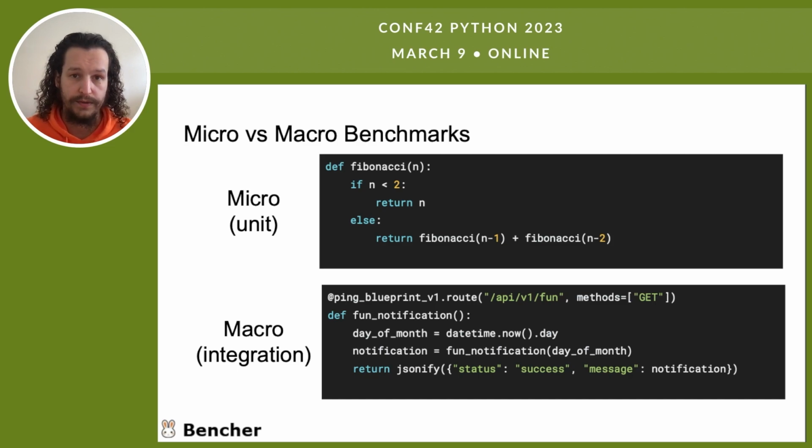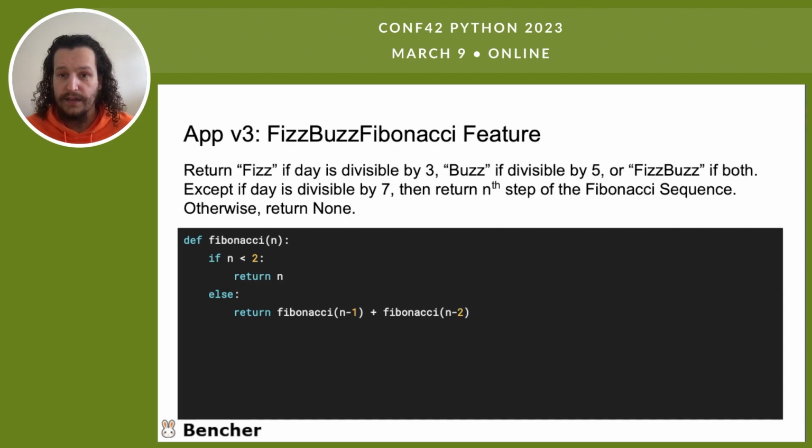But it is a bit more noisy because of that, and you're also going to have larger values. Just a thing to know. They work pretty much exactly the same way, in the same way that unit and integration tests are very similar.